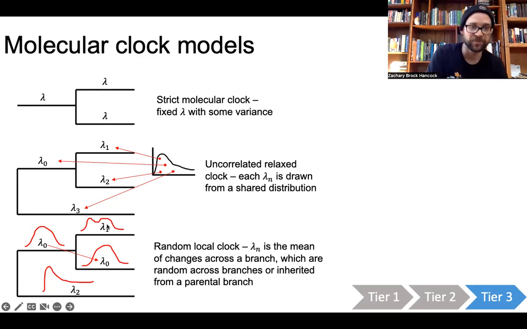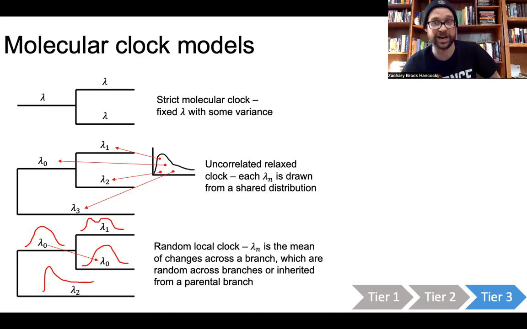So for example, these two are completely different, right? They represent distributions that are not shared, whereas this distribution and this one is passed on, right? That's a directly inherited branch. Now, that's not to say that the rate itself is exactly inherited. It just means that the distribution upon which the value is drawn is inherited across branches.